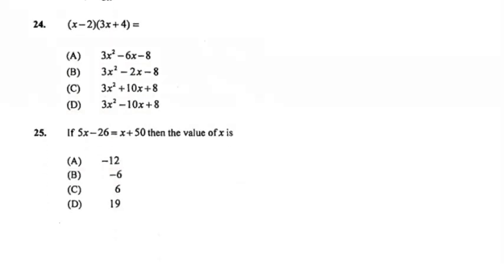So 24, x minus 2 in bracket multiplied by 3x plus 4. So we'll need to expand and then simplify.